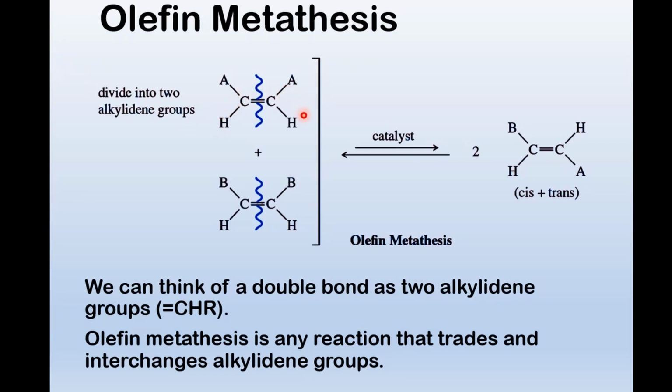So here's an alkene, here's another alkene, and if we chop this one in half and chop this one in half, we can put together the two ends. So notice I've taken this end here and connected it with this end here. We can think of a double bond as two alkyl groups. Olefin metathesis is any reaction that trades and interexchanges alkyl groups.